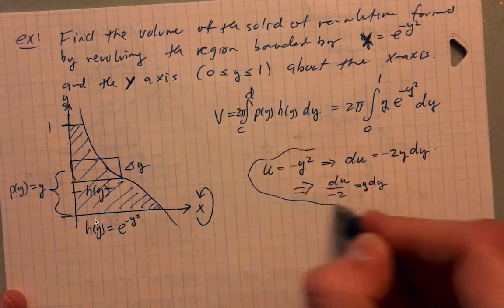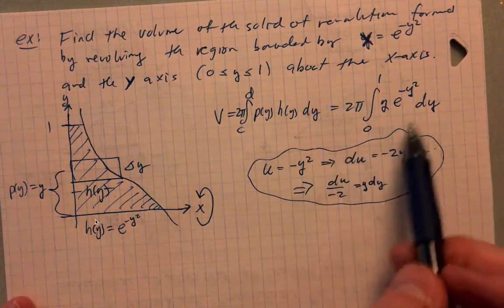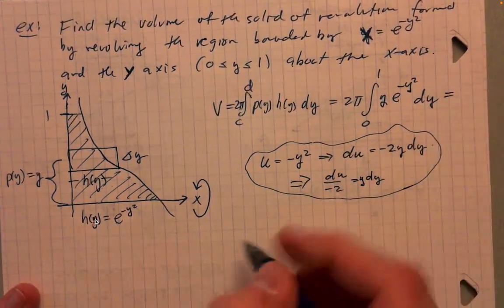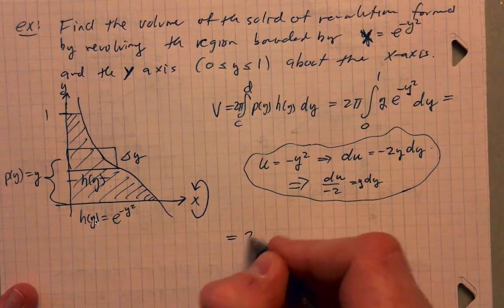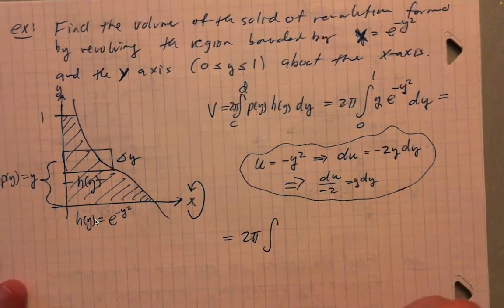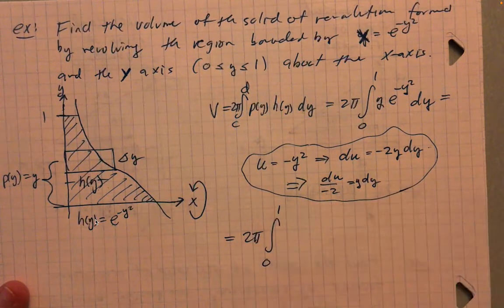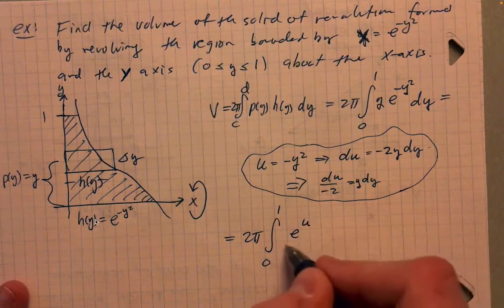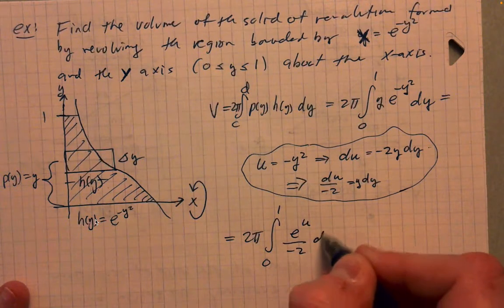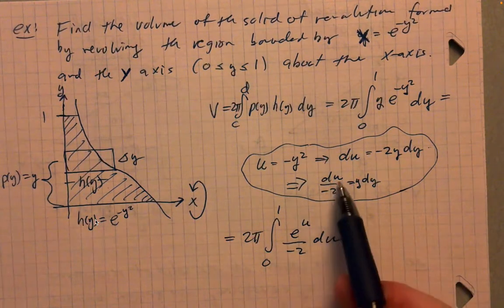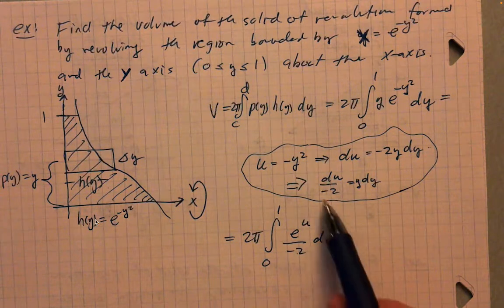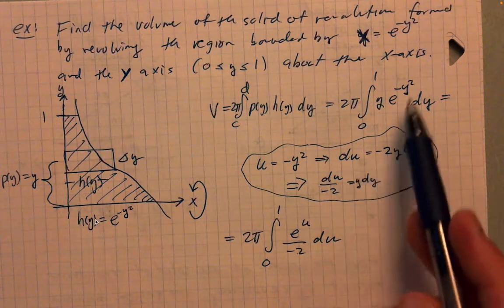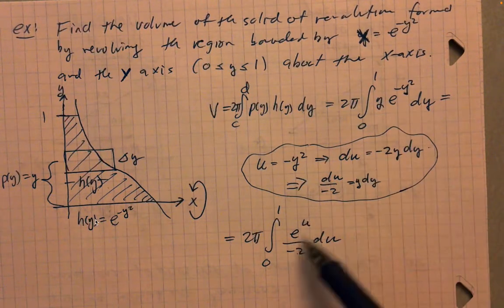Depending on how you're calculating this integral, you may need to work out the change of variables. When you do that, you get 2 pi times the integral from 0 to 1 of e to the u over negative 2 du. The du over negative 2 is substituted in for y dy, and the negative y squared becomes just u.